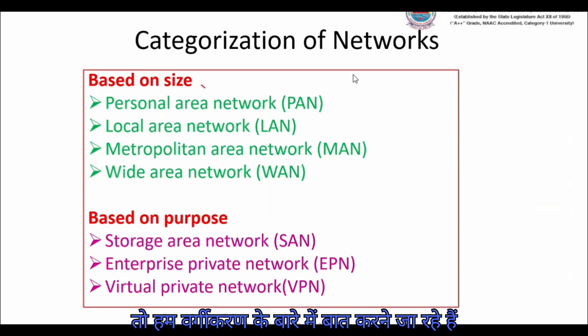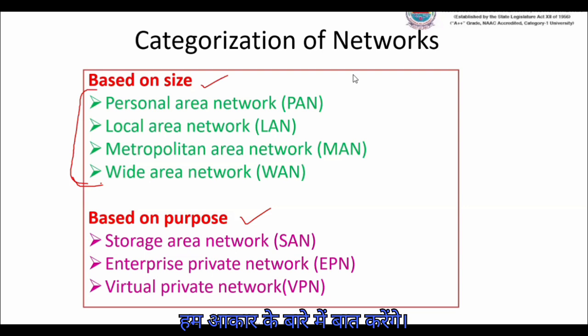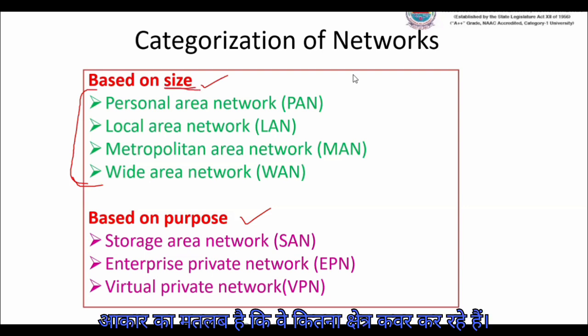Now we talk about the categorization. So we are going to talk about categorization based on size and based on purpose. And while talking about these technologies, we will also talk about the categories of networks. We will talk about the size.